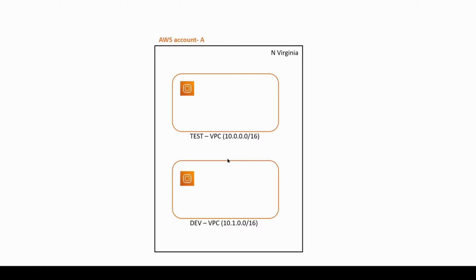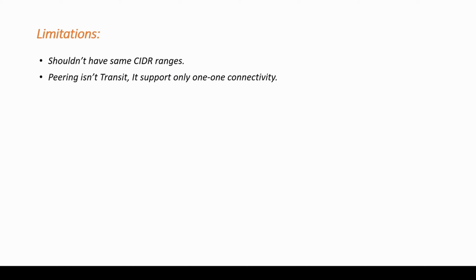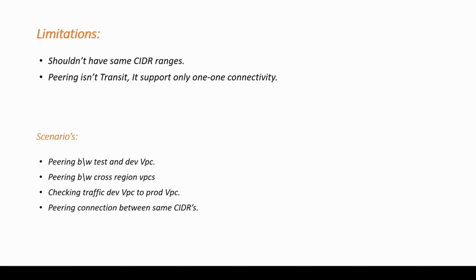That connection is called a peering connection. So we'll create a peering connection between the two VPCs, dev and test VPCs, and we'll do a ping test between these two servers. While doing VPC peering, there are some limitations as well. We'll explain in the scenario section.